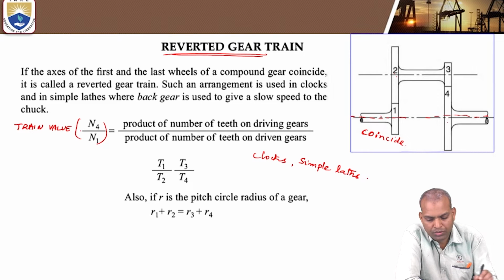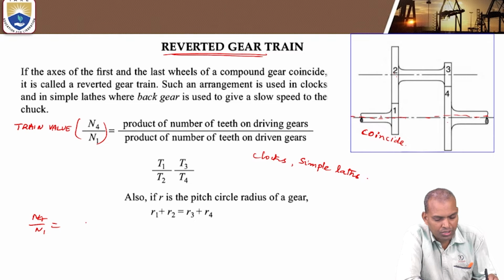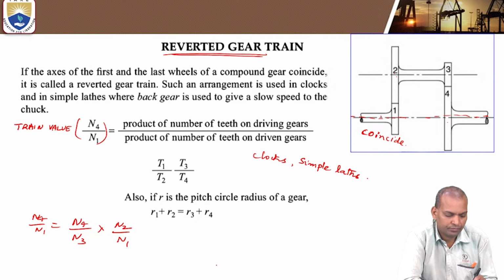The train value N4 by N1 is equal to N4 by N3 times N2 by N1.